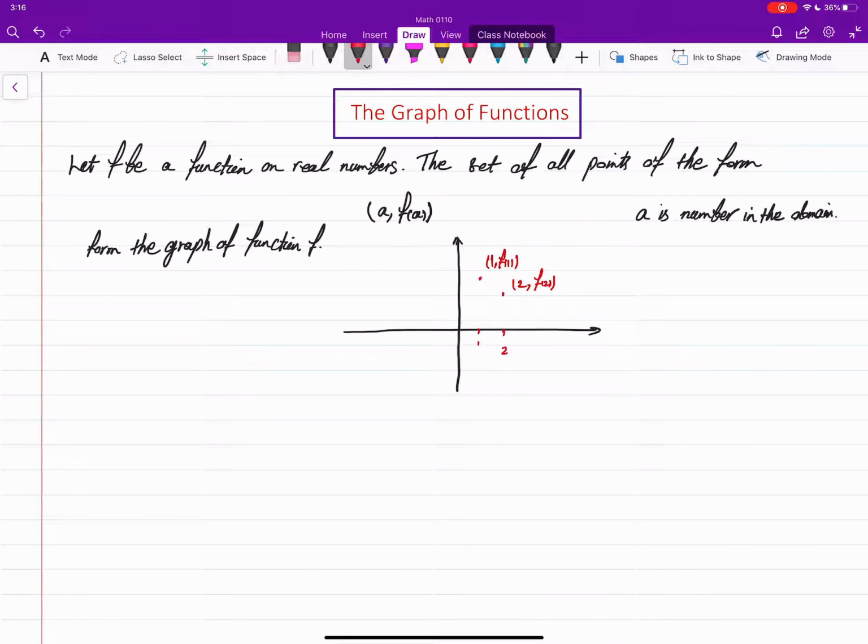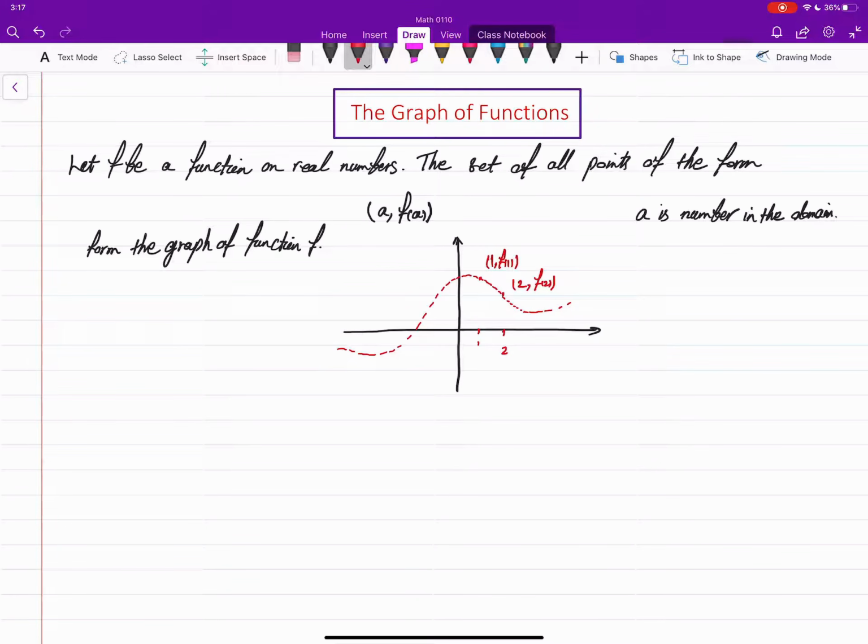If you find all these points that have those properties, they will form the graph of the function. As you can see, it's not easy work to do, but later in the course we will learn very good techniques to sketch such a graph.